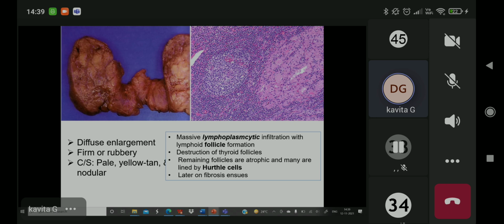This is called oncocytic change of the follicular epithelial cells, which is characteristic of Hashimoto's. This is also known by the name of Hurthle cells. Remaining follicles are atrophic. They've already been destroyed. And at the end of all this chaos, you have laying down of fibroblasts.